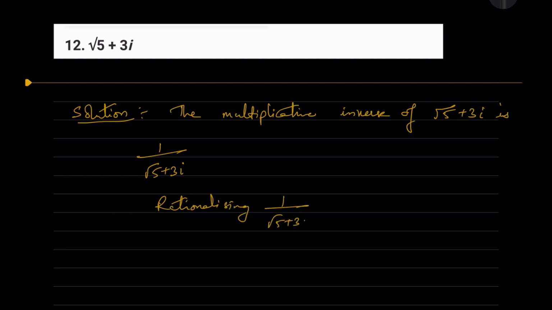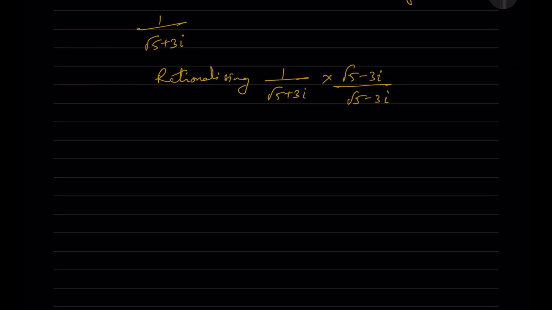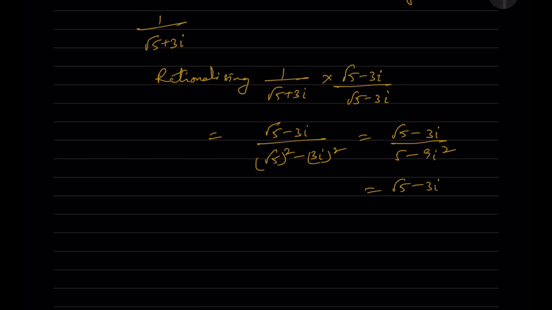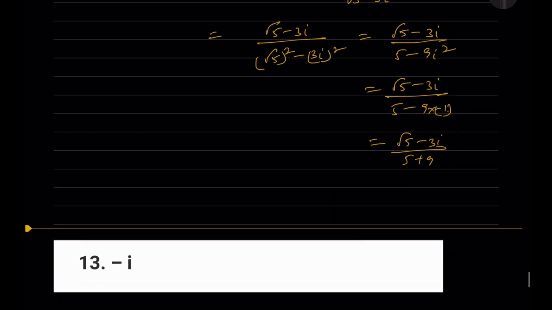So rationalizing 1 by (root 5 plus 3i), we get (root 5 minus 3i) divided by (root 5 minus 3i). So which is equal to (root 5 minus 3i) divided by (root 5 whole square minus 3i whole square), which is equal to (root 5 minus 3i) divided by (5 minus 9i square), which is equal to (root 5 minus 3i) by (5 minus 9 into minus 1), which is equal to (root 5 minus 3i) divided by (5 plus 9), which is equal to (root 5 minus 3i) divided by 14.